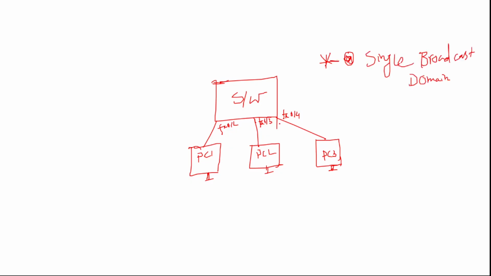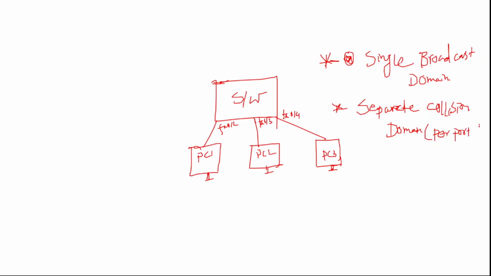It broadcasts when PCs are connected to the switch port for the first time, but it doesn't use a single collision domain, because the switch has a MAC table, so it knows which port is connected to which PC or MAC address. So we can say it uses a separate collision domain per port.